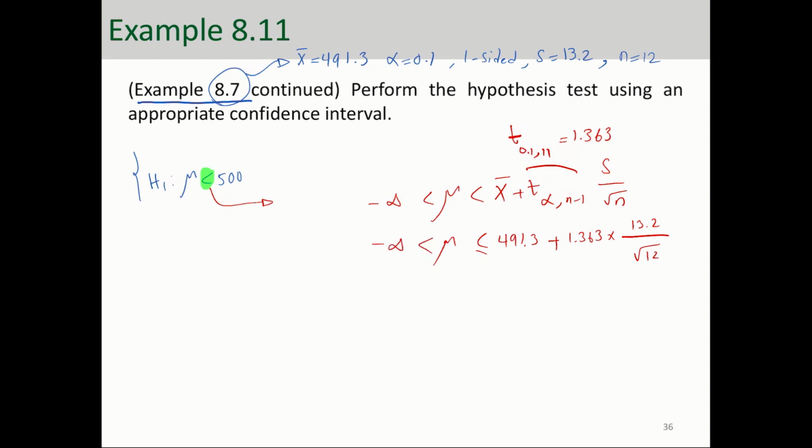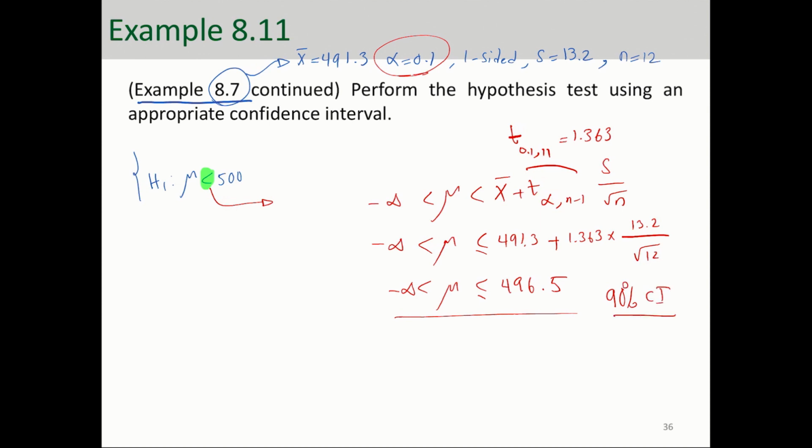Now, when we calculate that, it is 496.5.